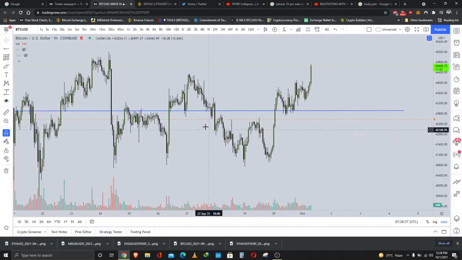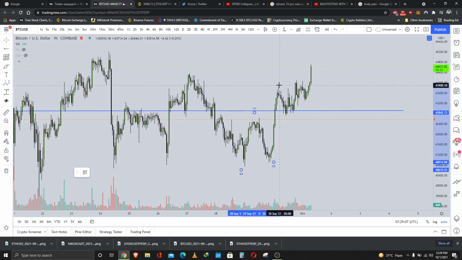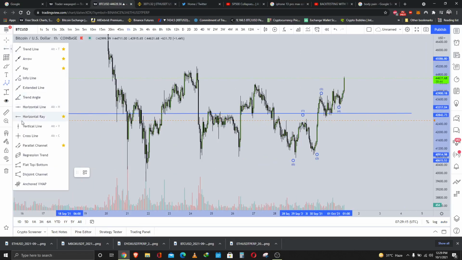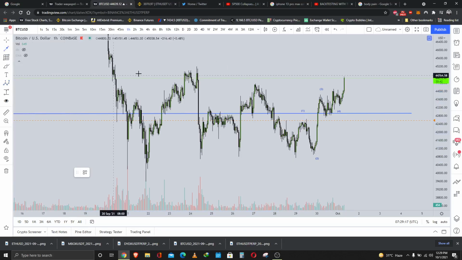Now, if we call this as an Elliott wave trader, I think this is going to be the first wave, this is going to be the second wave, and this is going to be the third wave, and now we have the fourth, and now we have the fifth one. I would like to see that we knock out that high.